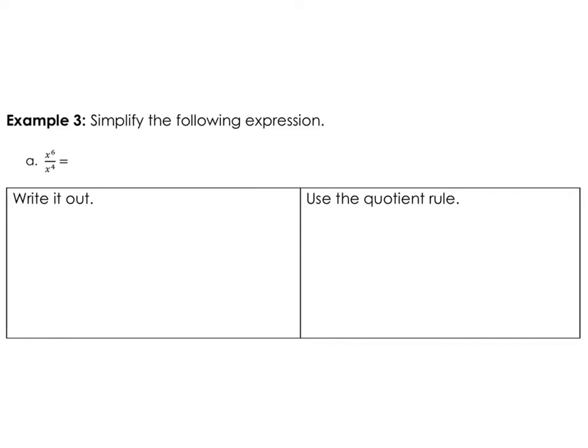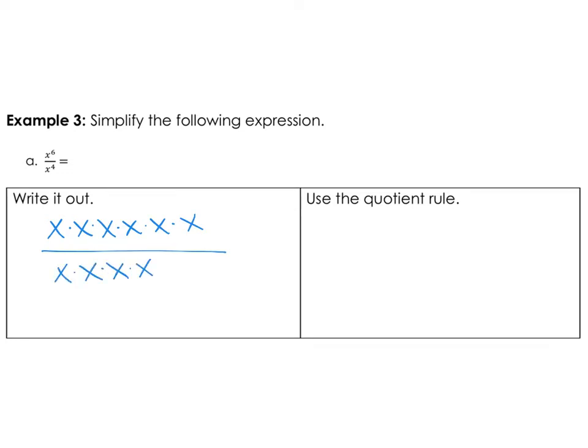Alrighty, so let's look at what happens when we divide. So if I have on top an x to the 6th, that means I have 6 x's on top of my fraction. And on bottom, there was x to the 4th, which means there's 4 x's on bottom.